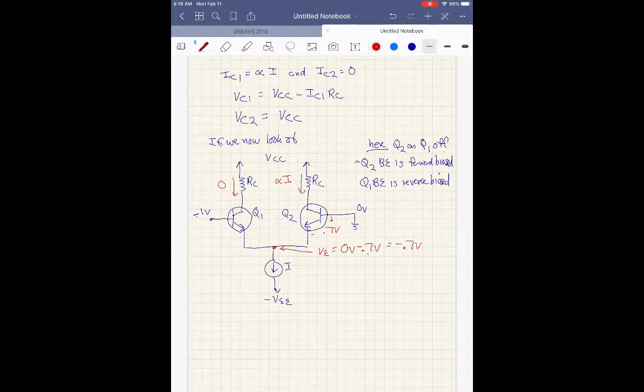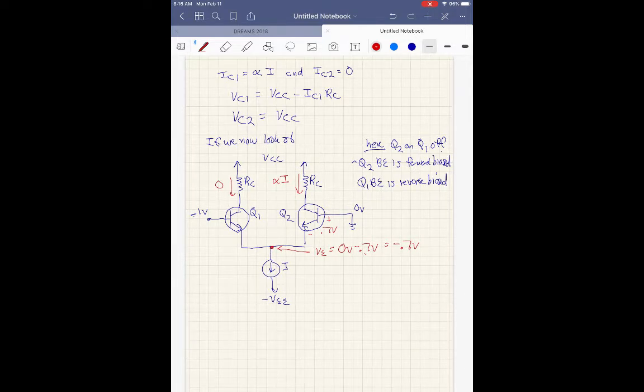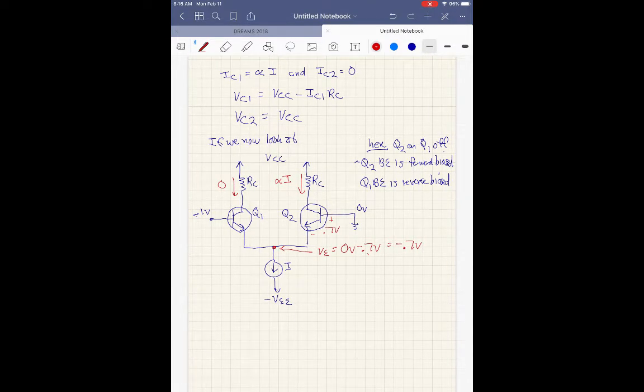Okay, and VBE here is going to be what? On Q1, VBE is going to be a negative 1 volt minus the negative 0.7 volts, which is equal to negative 0.3 volts. Not enough to turn it on.